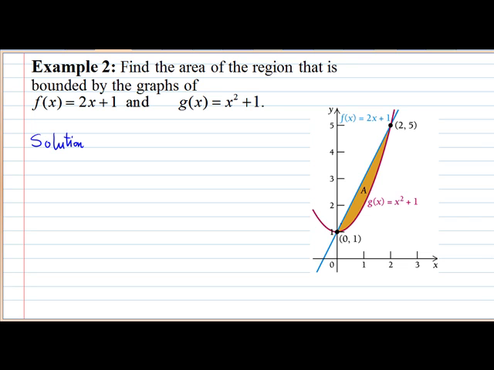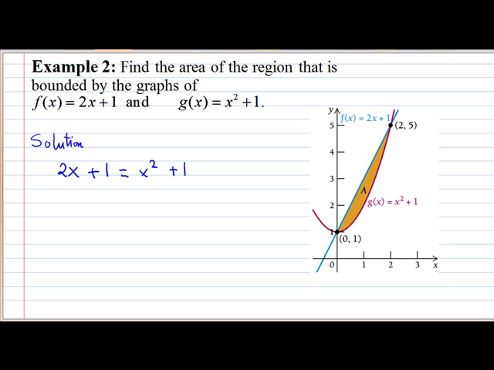So if you want to find the points of intersection of two functions, we set the function f equal to the function g, and we solve for x, and that will tell us exactly where the points of intersection are.